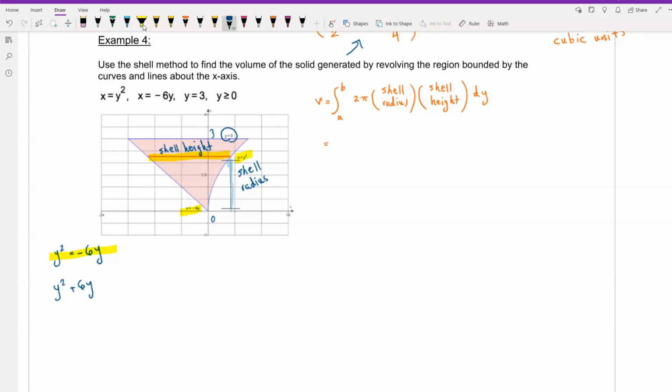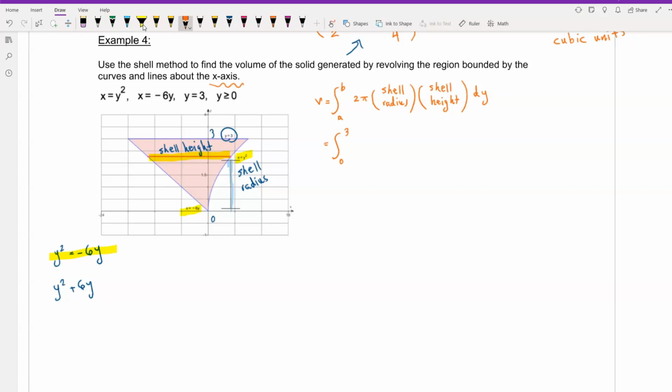Now we can find the volume. So volume is equal to the integral from 0 to 3. This is based on what was given, that this is revolving about the x-axis.